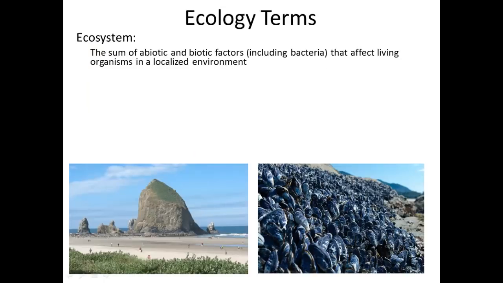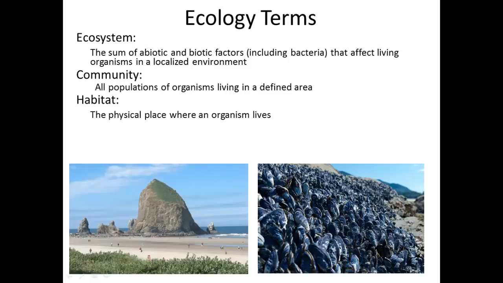One is an ecosystem. Ecosystem is used in a number of different disciplines, but in a biological discipline, it means the sum of abiotic and biotic factors, living and non-living factors, including and especially bacteria, which are prevalent all over, that affect living organisms in a localized environment. A community, populations of organisms living in a defined area.